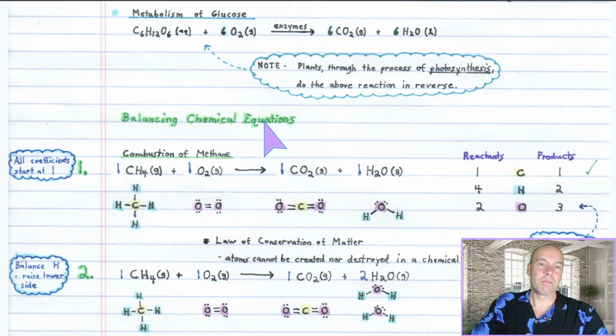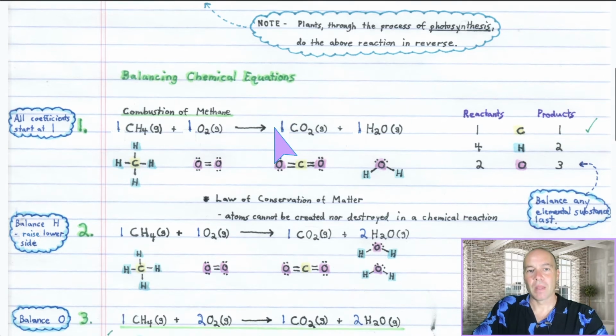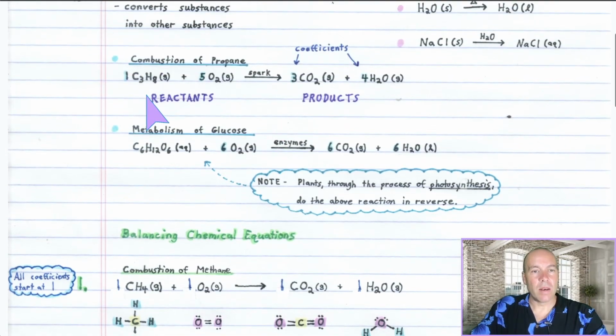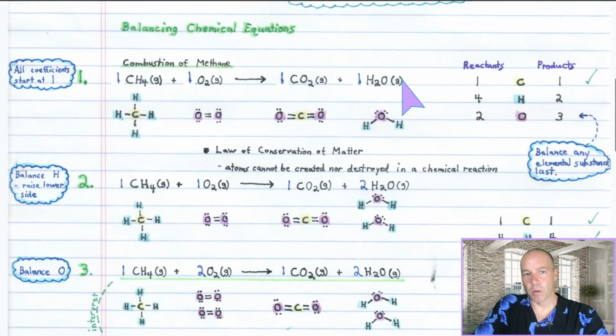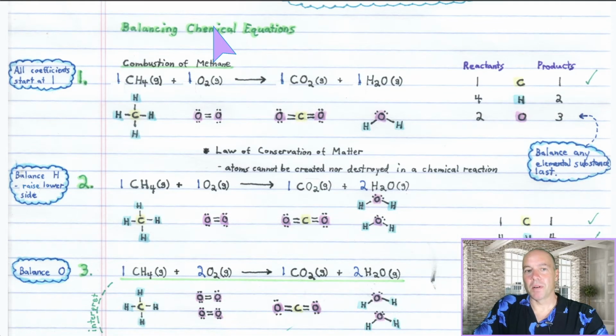So an interesting few examples right there. Now, let's discuss balancing chemical equations. How do we know what numbers go in front of the chemical formulas in the balanced chemical equation? How do we get those numbers? Well, there's a pretty straightforward process. It's not difficult to do. And let's illustrate it with the combustion of methane.